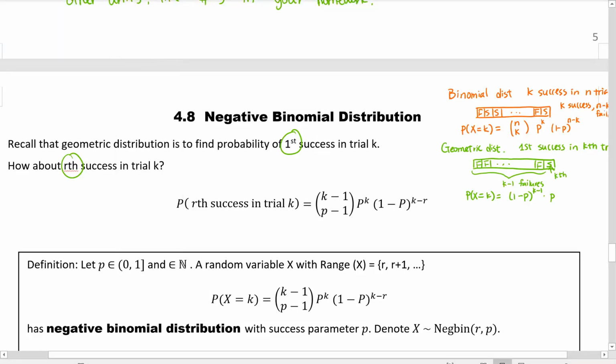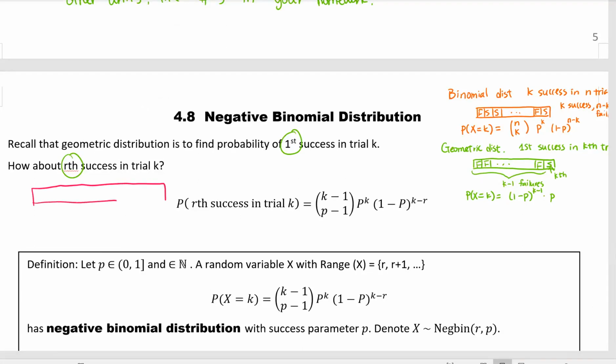Okay, this is the boxes. We know the last one is a success, and this is the R-th success in the K trials. So how many successes are in the previous trials?